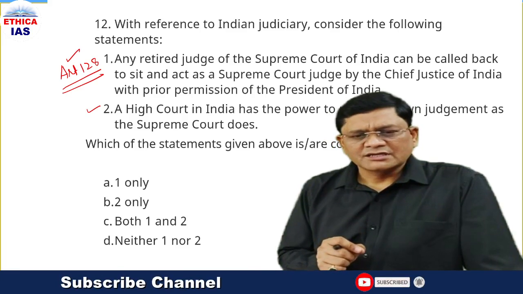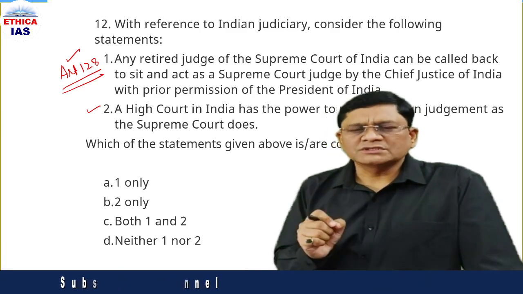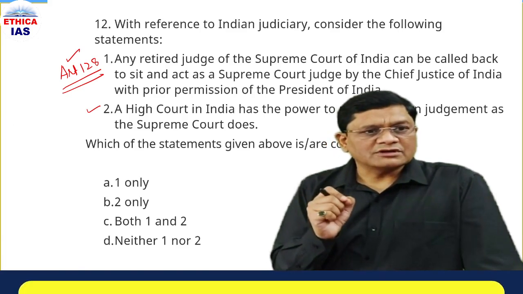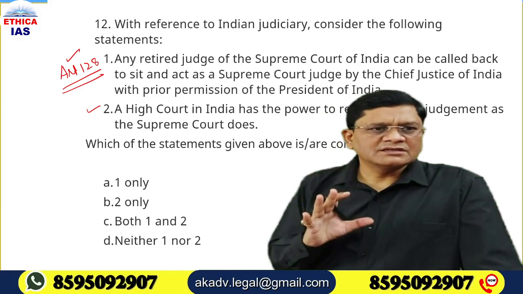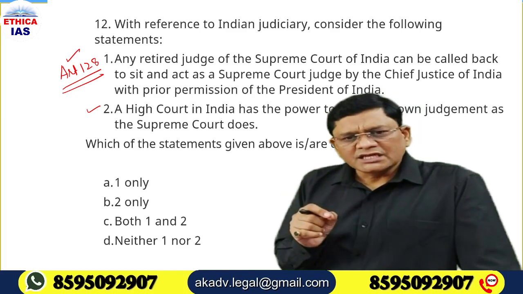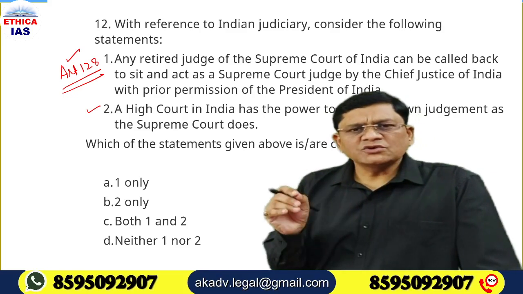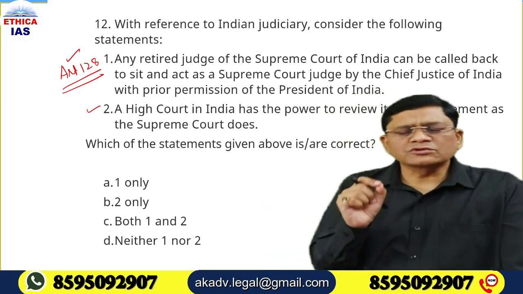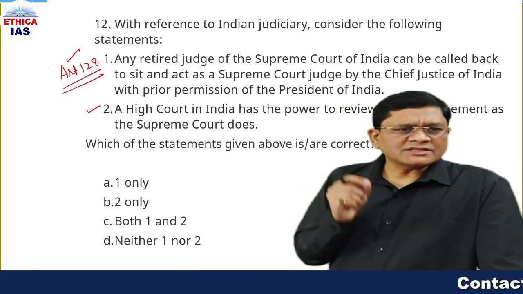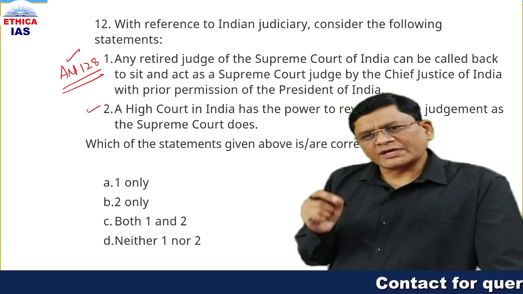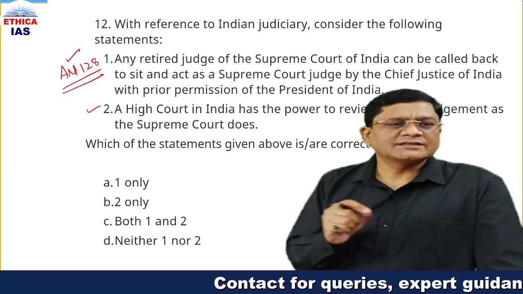Therefore, every court being a court of record has a right to review its own judgment. That is, when any court is designated as a court of record, then such court can also enjoy the power of review of its judgment.